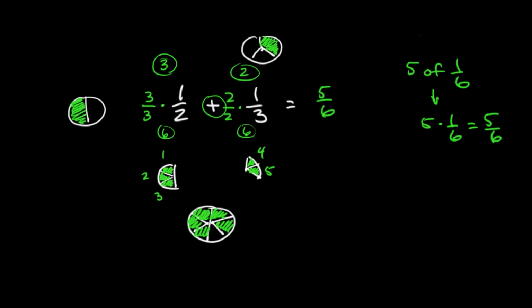Okay. Now, how about subtraction? Same thing. All you're doing is just changing the sign over here. That's basically it, right? So in this case, instead of redoing everything again, we've got 3/6 right here, and we've got 2/6, right?